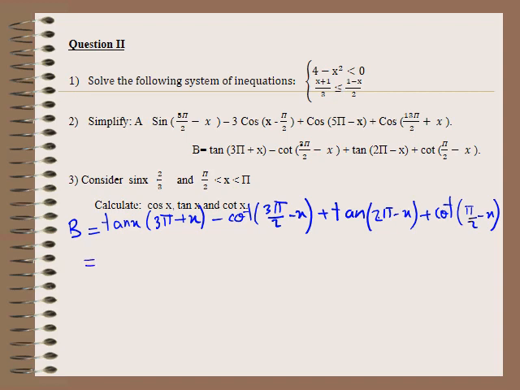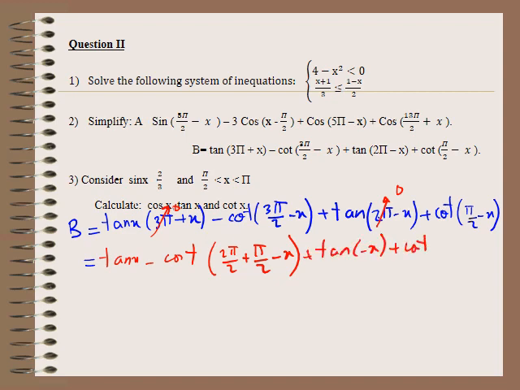In tangent and cotangent, k pi is equal to 0, so 3 pi is 0 and 2 pi is 0. Tangent x, minus cotangent of 3 pi over 2, which is pi over 2 plus pi, minus x, plus tangent of minus x, plus cotangent of pi over 2 minus x.